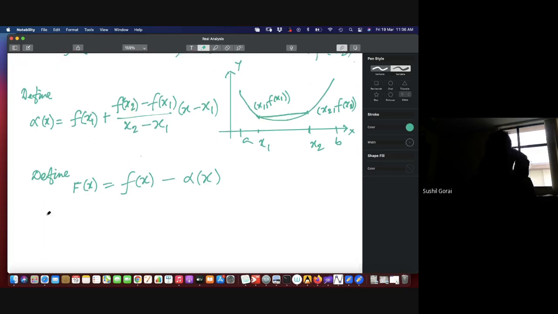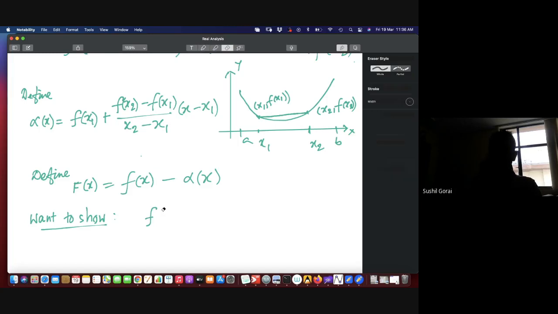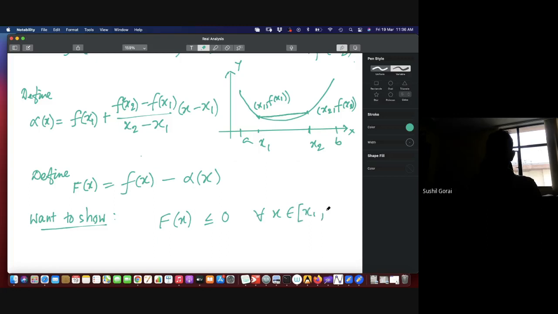What we want is to show capital F x is less than or equal to 0 for all x in x1, x2. So that will prove our theorem, right?